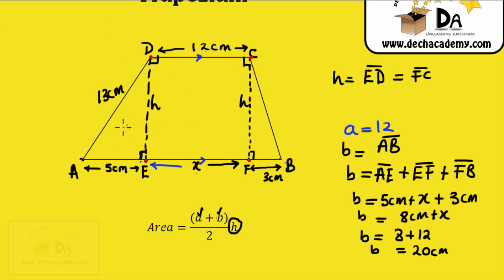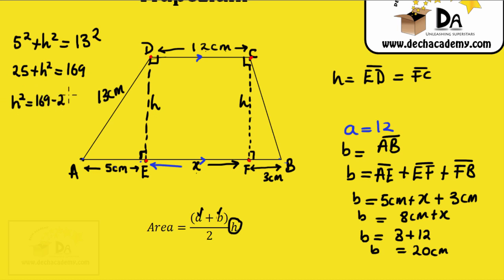So Pythagoras for this triangle is given as follows: 5 squared plus H squared must be equal to the length of the hypotenuse squared, which means that 25 plus H squared is equal to 169, and that means H squared is equal to 169 minus 25, which means H squared is equal to 144, and that means H is equal to 12 centimeters.